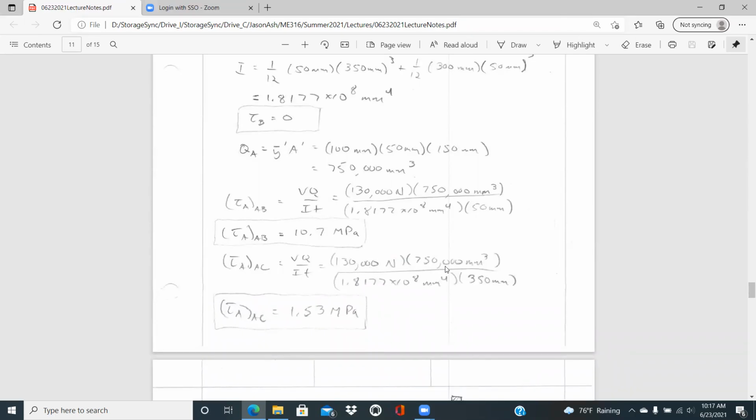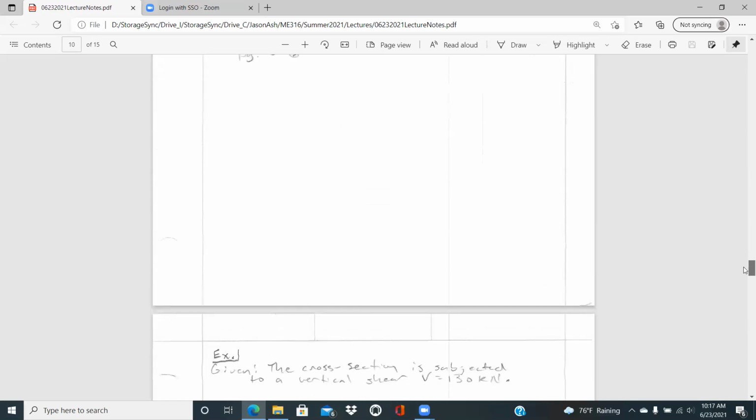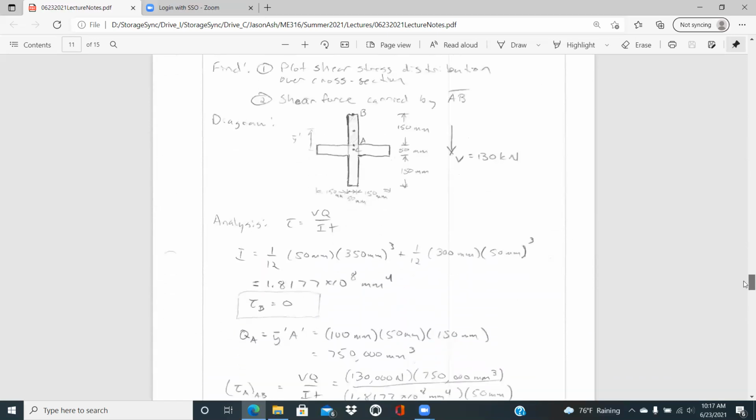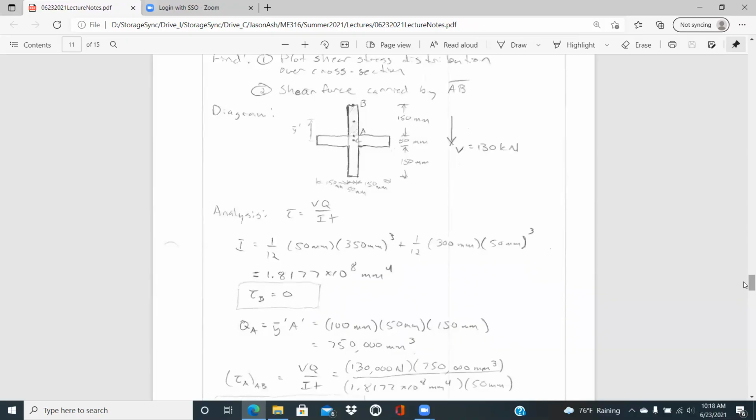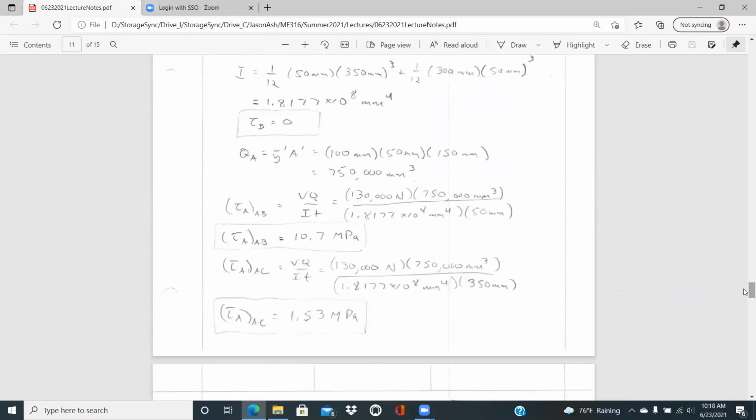Q is the same, 750,000 millimeters cubed. I is the same. Only thing that changes now is the thickness there is 350 millimeters for that section. And so that ends up being 1.53 megapascals for that horizontal section, and that shear stress is distributed over a much wider width.